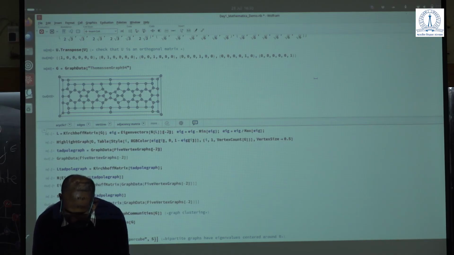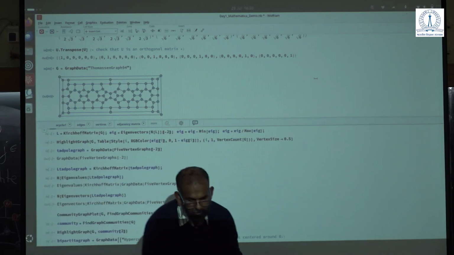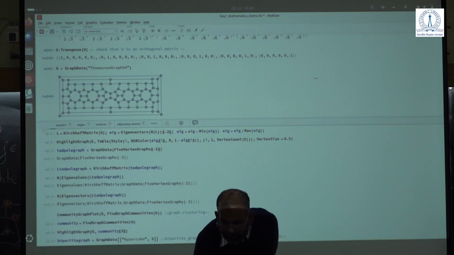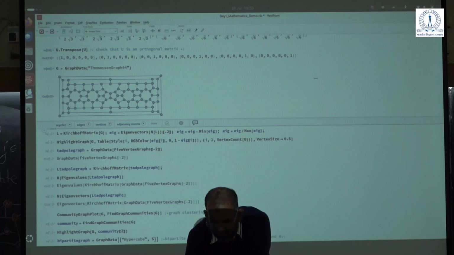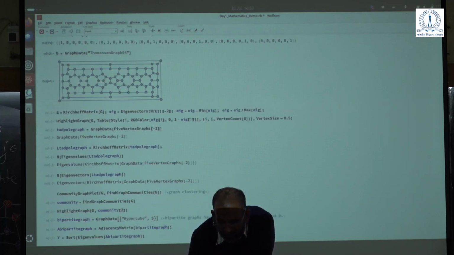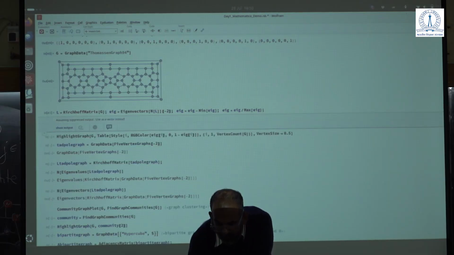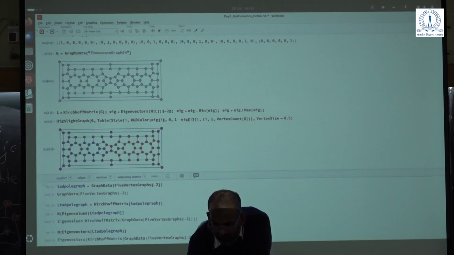Maybe we can just check some of the results that she mentioned, that she has proved today. So I think this Thomason graph is a good example. It has 94 vertices, so it's rich enough. So L is the Laplacian. Enlarge the size of it. Sure.